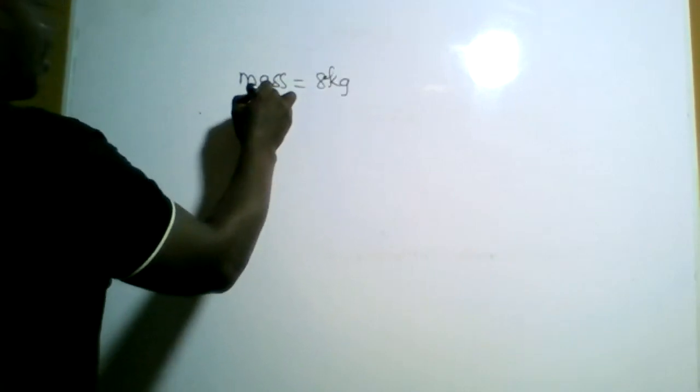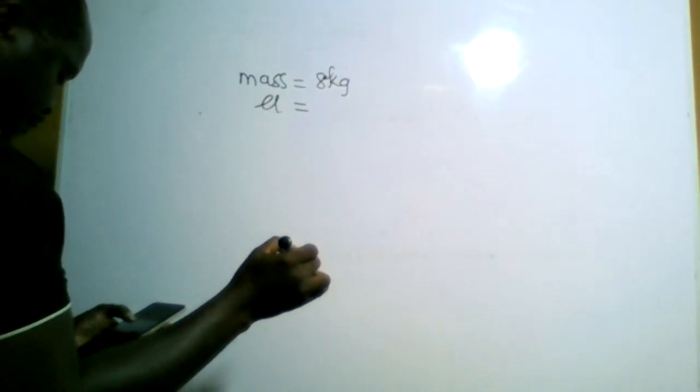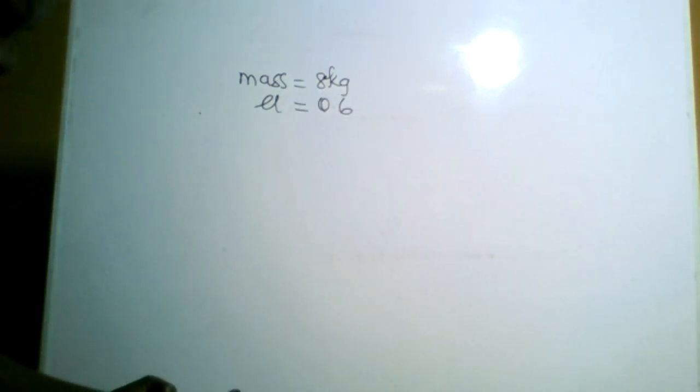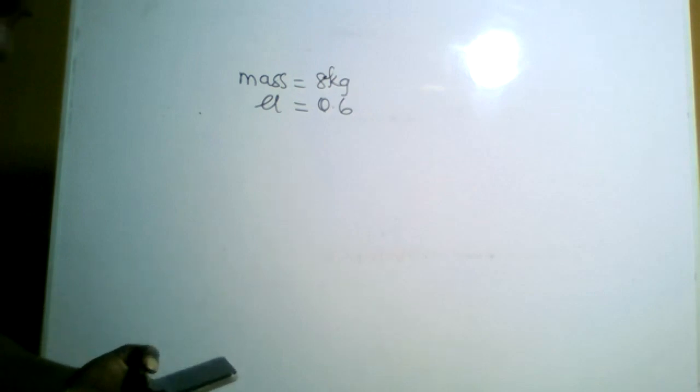If the coefficient of friction is 0.6, so the mass of the body is 8 kg, and the coefficient of friction is 0.6. We have to find the least force that is needed to cause the body to move.